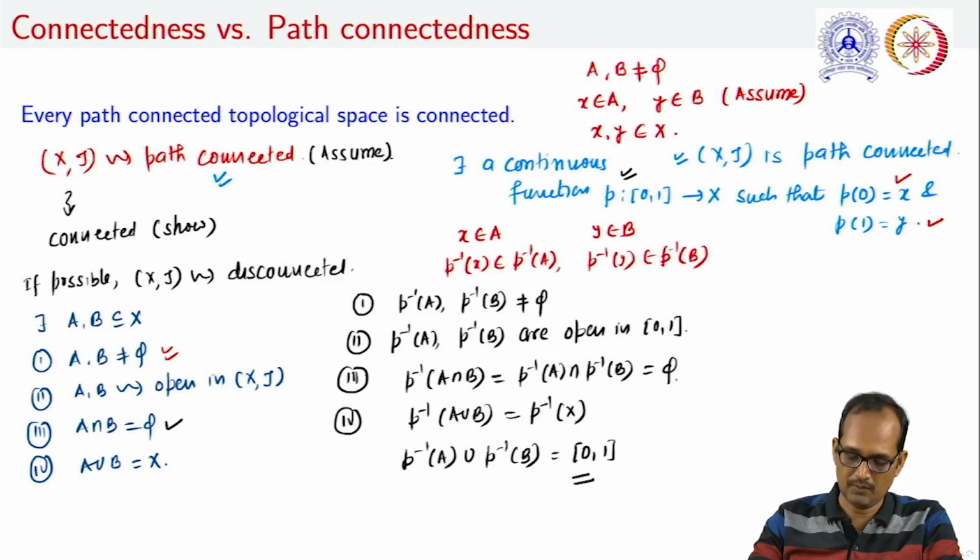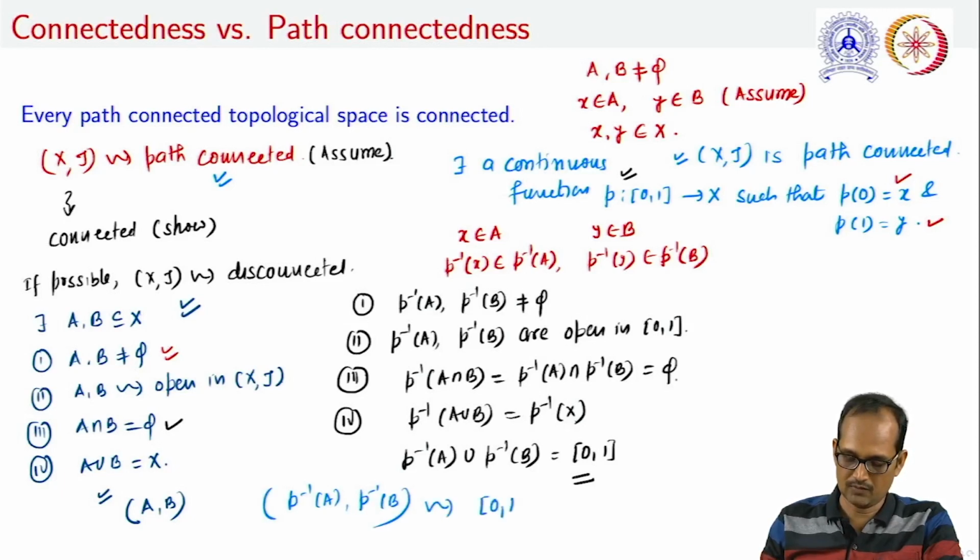So if we assume that this space is disconnected and has a separation given by a pair A, B, then using this separation we have constructed a separation, the pair p inverse A and p inverse B, of the closed interval [0,1].